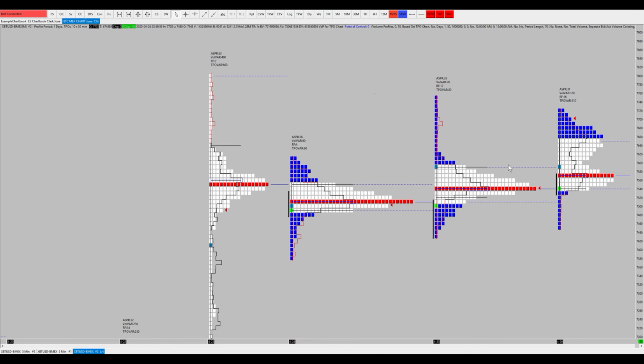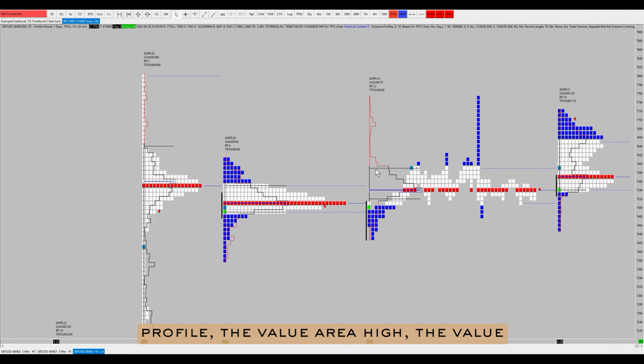In this case, you can see that they're pretty identical for this structure right here. So this would be referred to as the value area high and the value area low, and the same idea within the volume profile, the value area high and the value area low. The value area high is the border where the value area meets the non-value area, and the value area low is the border where the value area meets the non-value area at the low end.